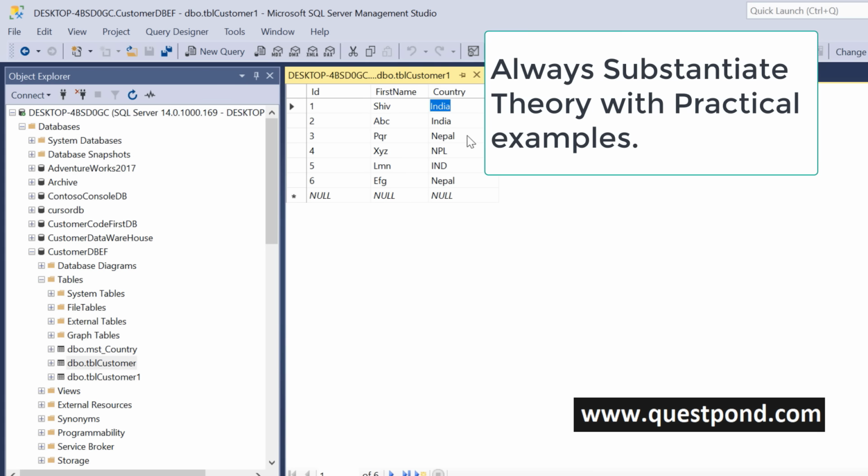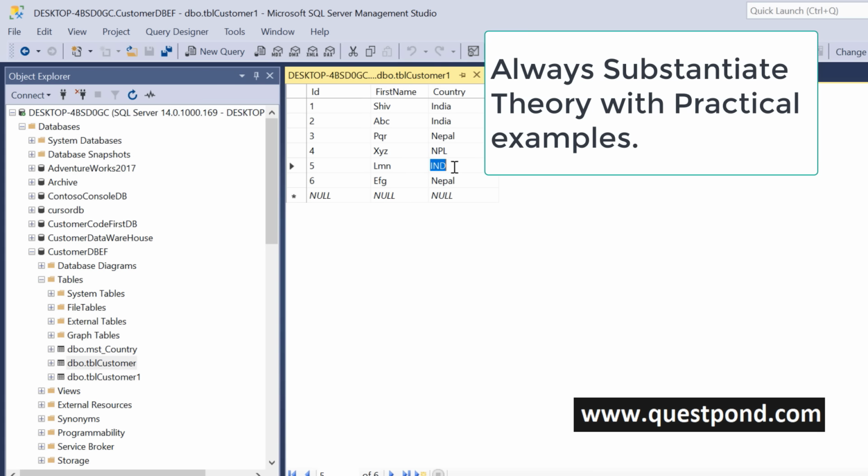In the country data, you can have data like India and then IND, or Nepal or NPL. Now IND and India mean one and the same thing, right? So this is called redundant data. So to avoid such kind of redundant data, we use the normalization design technique.